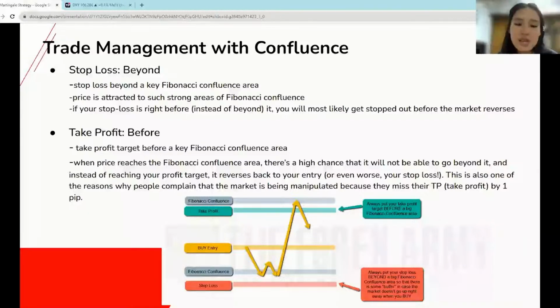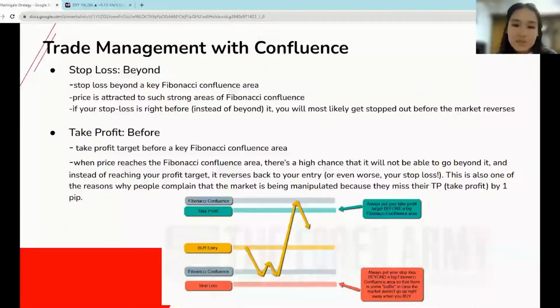If all of these signals tell you that one specific area is important after using several different indicators, that is what we call a confluence area. Price has tested that level many times before, so it's likely to test that level again, since price is attracted to strong areas of confluence.